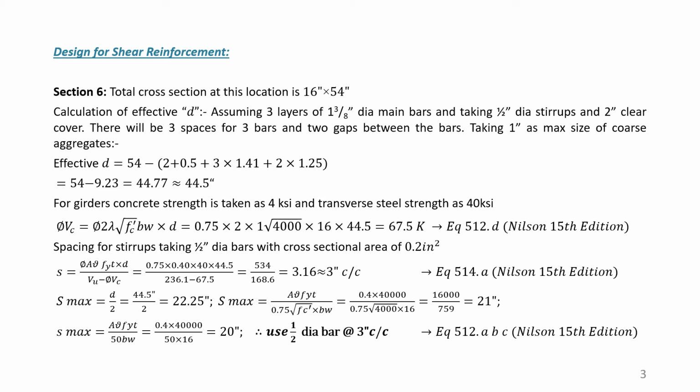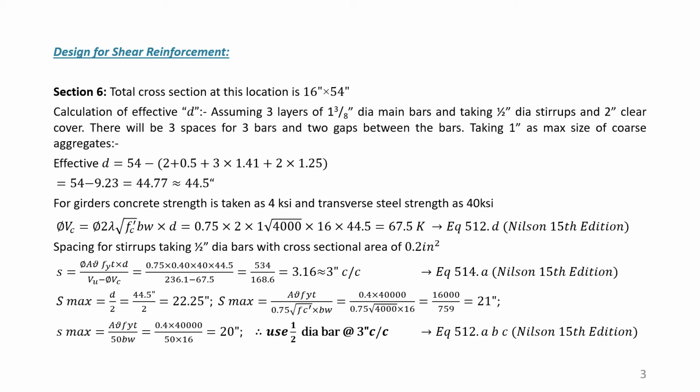After deducting 67.5 from 236.1, we get a value, and the spacing comes after calculation. We get it as 3.16, and we will round it and use 3 inch center to center. We have given the equations of Nilson 15th edition on the right hand side.